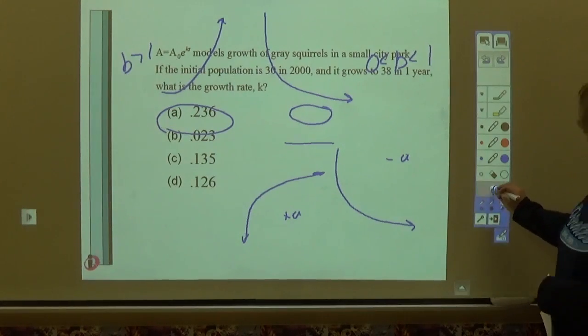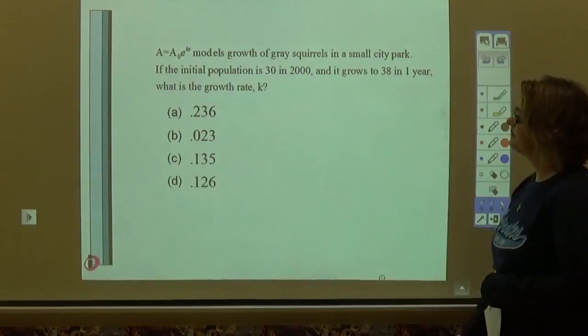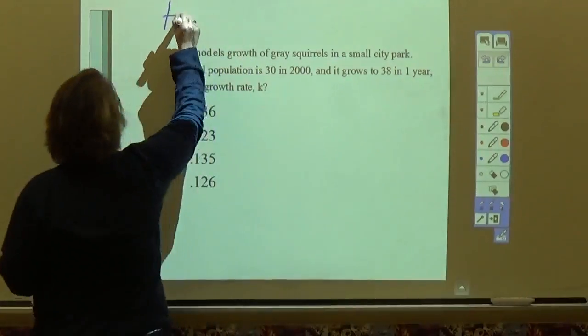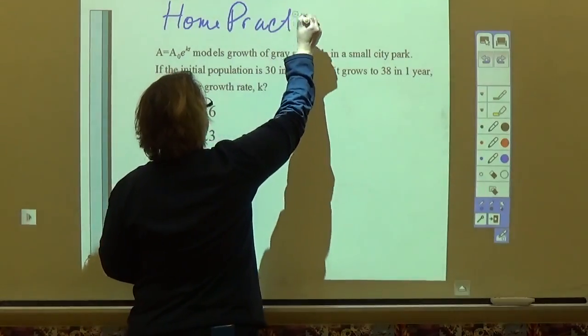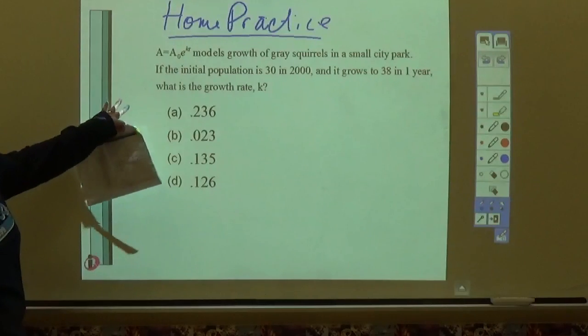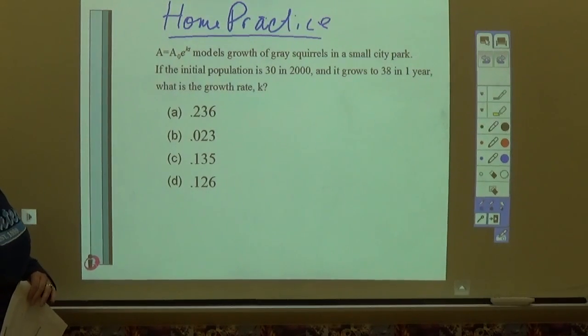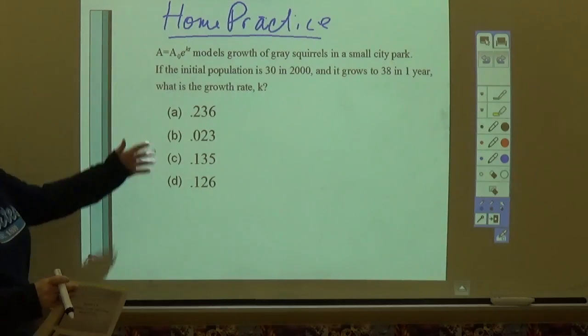And so this right here, this is your home practice. See if you can figure out the growth rate for the squirrels. And then you have a second one, and it's multiple choice.